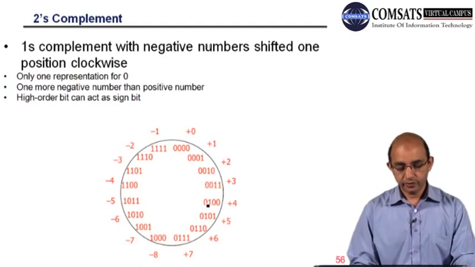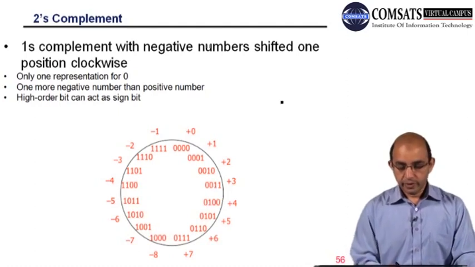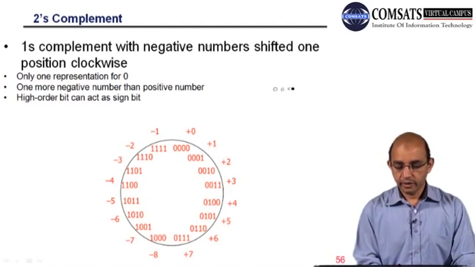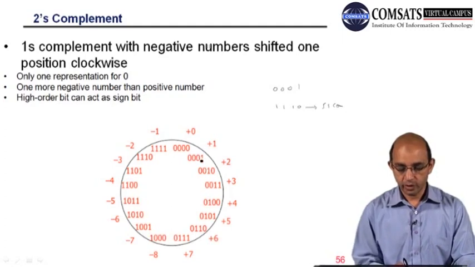So if I want to compute, for example, the 2's complement of this, so here 1 1 1 0, this is the 1's complement, right? So this is 1, right? So if I plot here, so this is again the same, right?